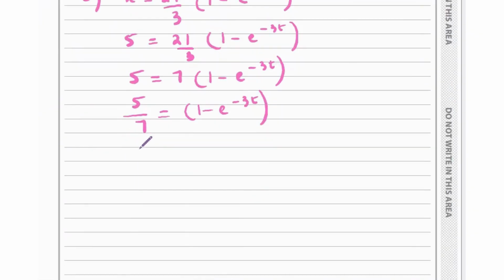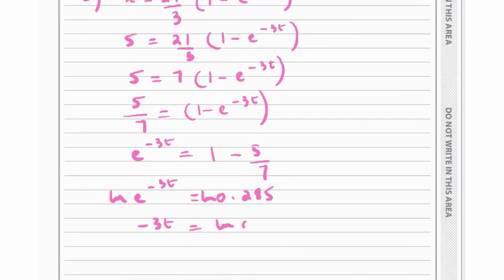And then we're going to subtract 5 over 7 from 1, which gives us a value of 0.285. Then when we add ln over here and here, negative 3t comes down, ln e is 1.